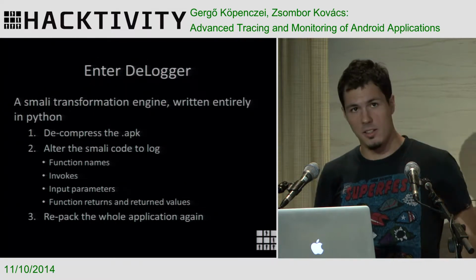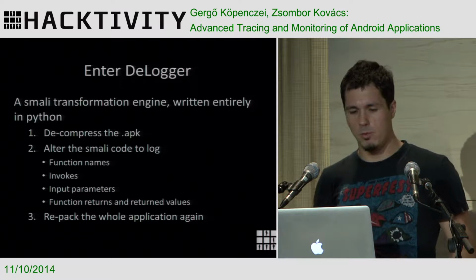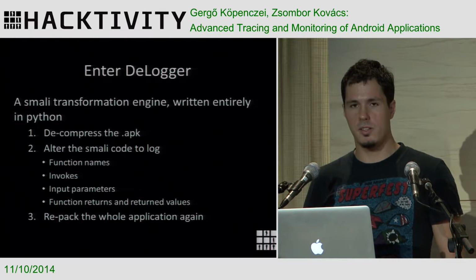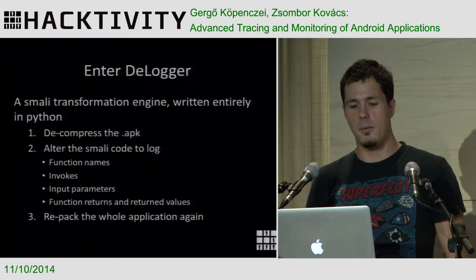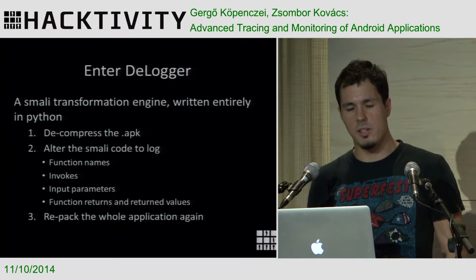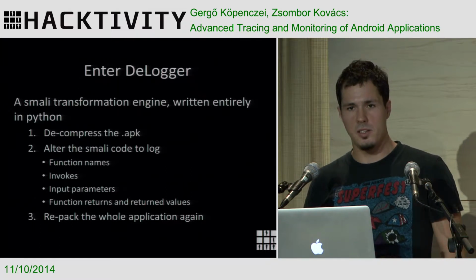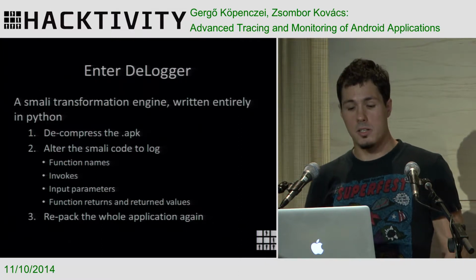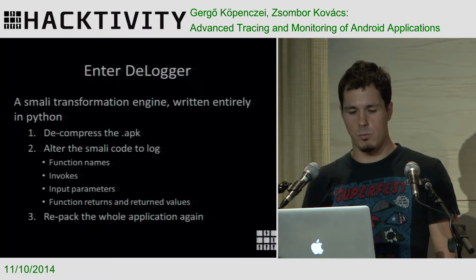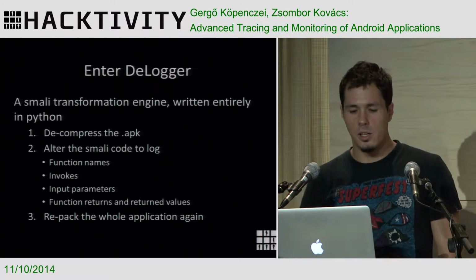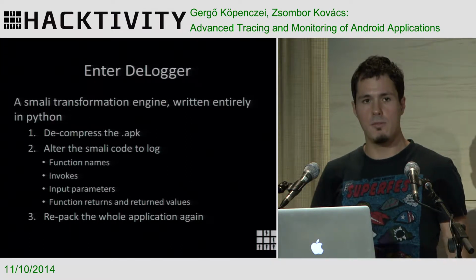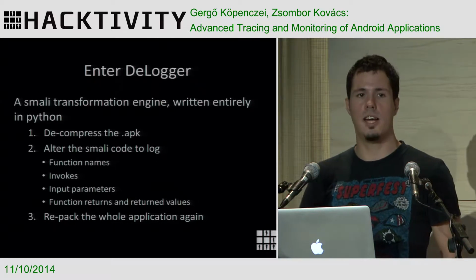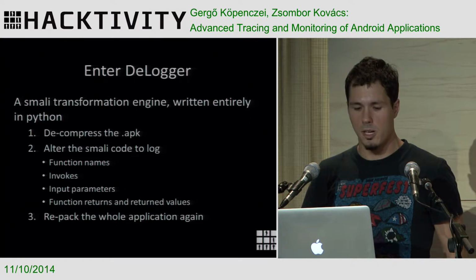So deLogger, as it is today, is a full-blown Smali transformation engine. We wrote it in Python, so it can be expanded and modified. What it does in this current scenario is decompress the APK first, which is the installer of the application, and choose the Smali code base, which is changed so that we log every function name, every invoke, every input parameter, and whenever a function returns, we make a log entry about that return and the return parameter also.